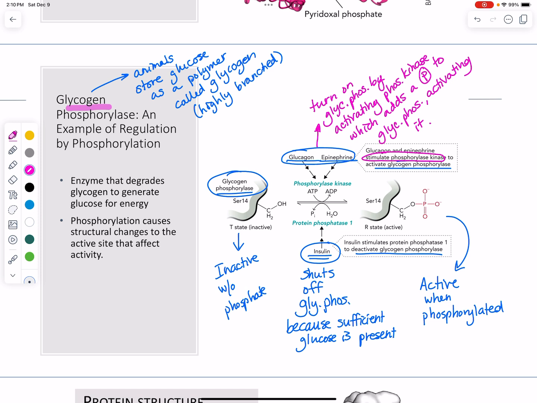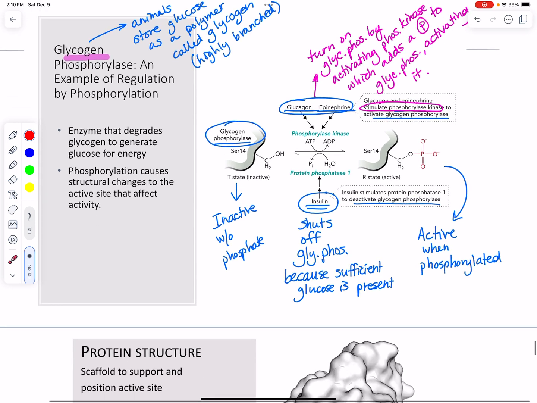So the action of insulin causes the removal of a phosphate and conversion to the inactive form, and so glucose does not get peeled off of our glycogen stores, whereas glucagon and epinephrine activate an enzyme that adds the phosphate to the glycogen phosphorylase, and that then causes release of glucose molecules from glycogen into the bloodstream so that they can be used for energy.